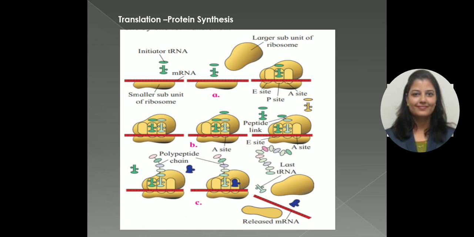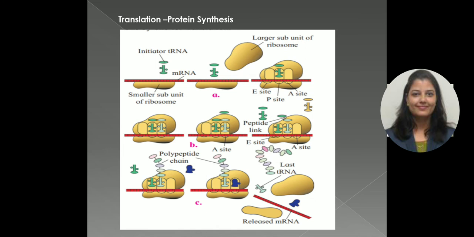bonds. Let's come to picture C, where you can see the termination or release of the polypeptide. At the end of the mRNA there is a stop codon, which may be UAA, UAG or UGA, and it is exposed at the A site. You can see here at the A site the stop codon is joining.